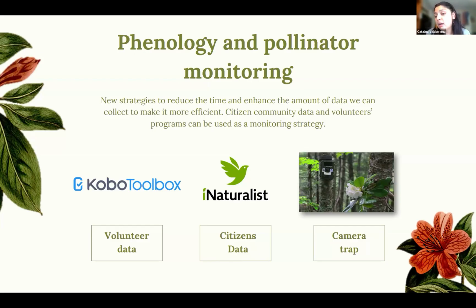They extracted around 20 phenophases from the videos. So I just want to highlight the importance of citizen data and other strategies that can help us as scientists to enhance our data and the monitoring of the rhododendron species.